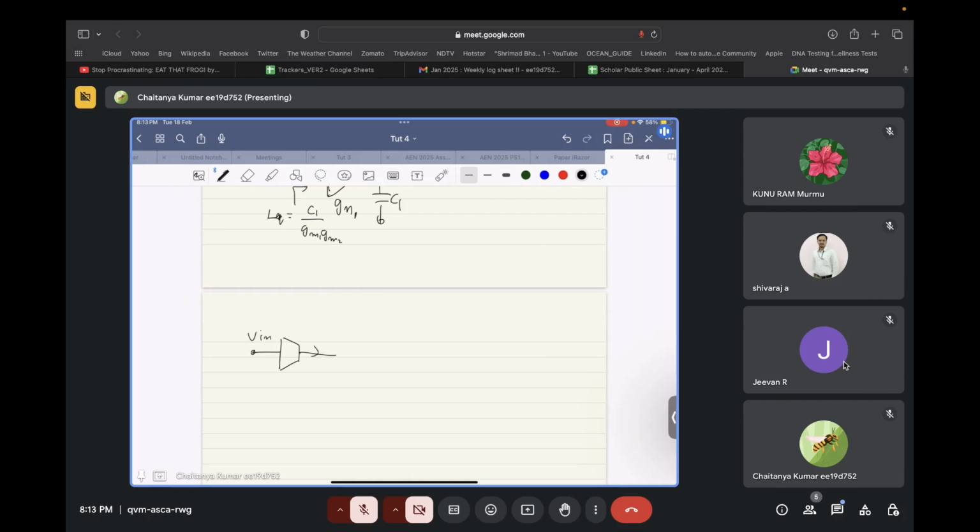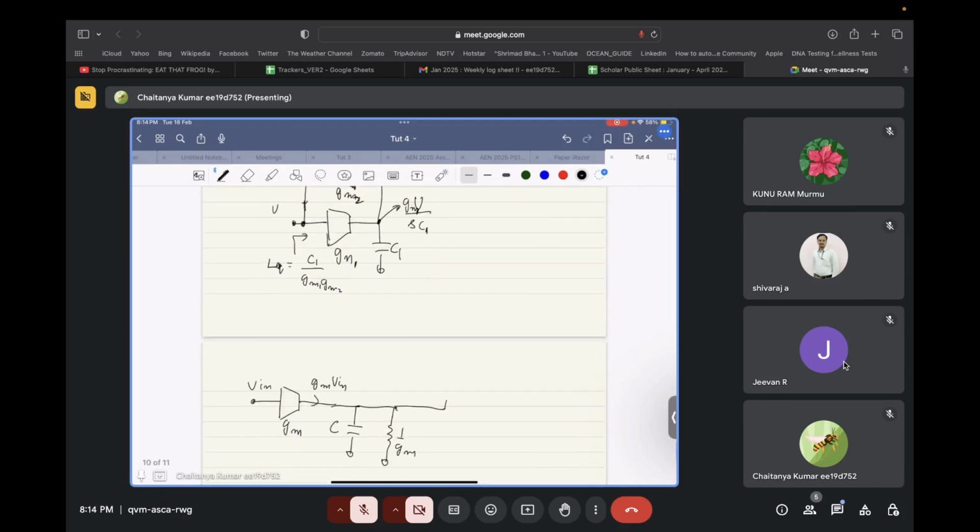We have V in over here, we have GM times V in that is pushing into the circuit. Then we have this capacitance of C. We have a resistance that we said we will have as 1 by GM. And then we put this gyrator over here.